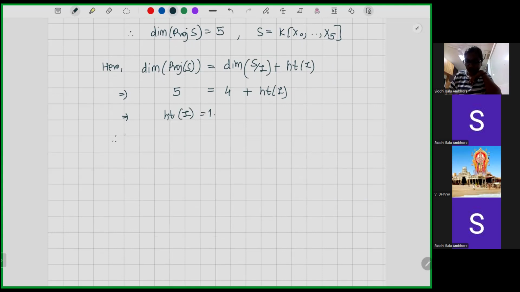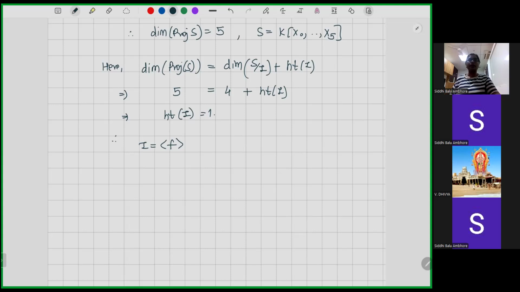So therefore, I will be an ideal generated by a single polynomial.